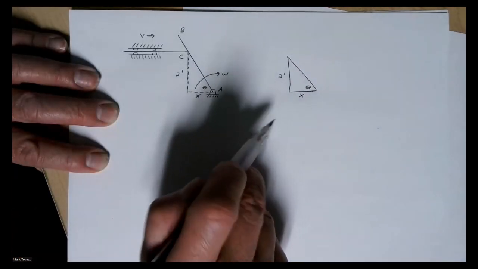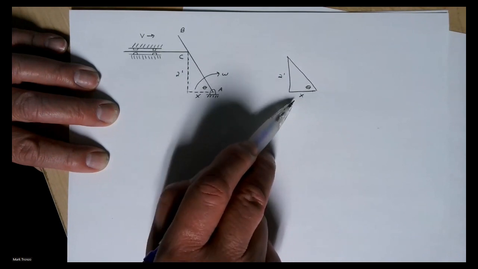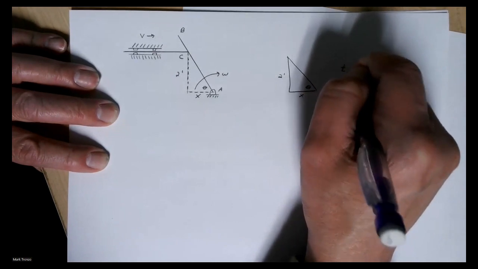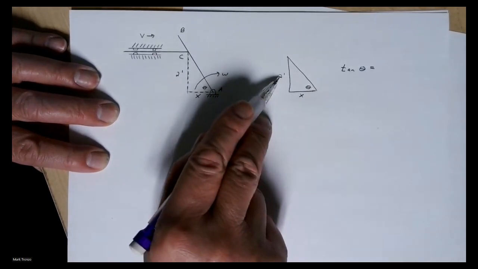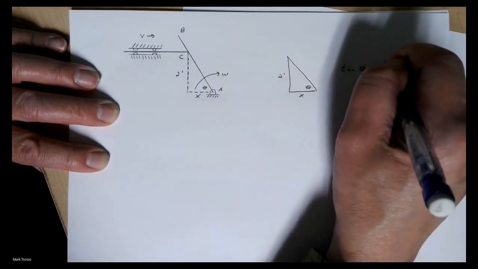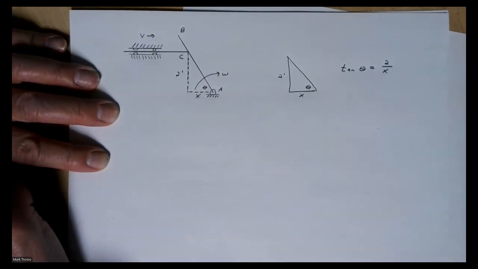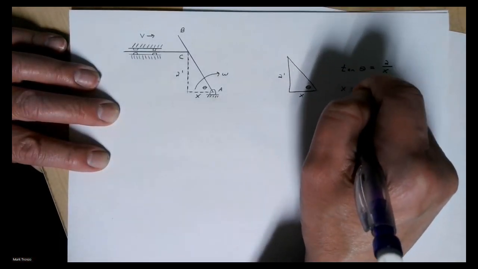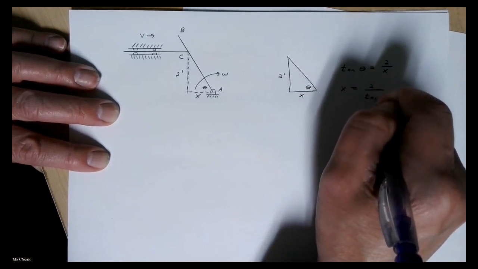And so let's see if there's a way we could relate this theta to X. And of course, the simplest way is to say the tangent of theta is equal to opposite over adjacent, like this. Then we can rewrite this as X equals 2 over tangent theta.